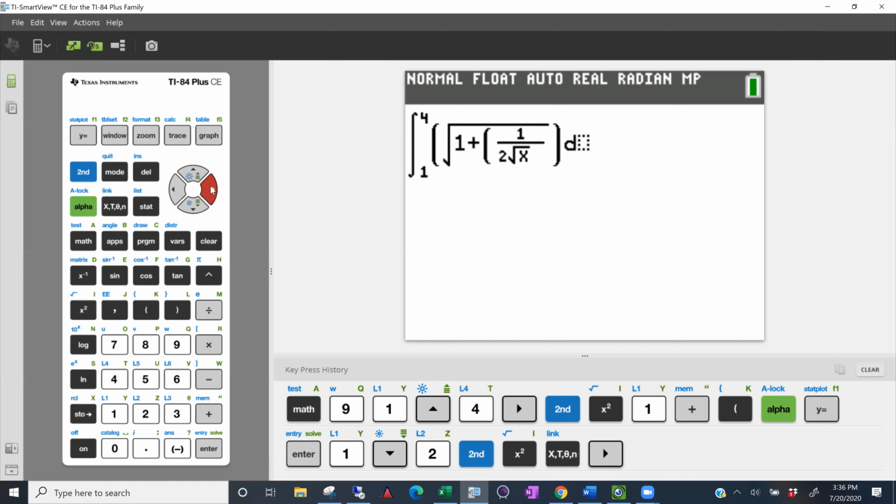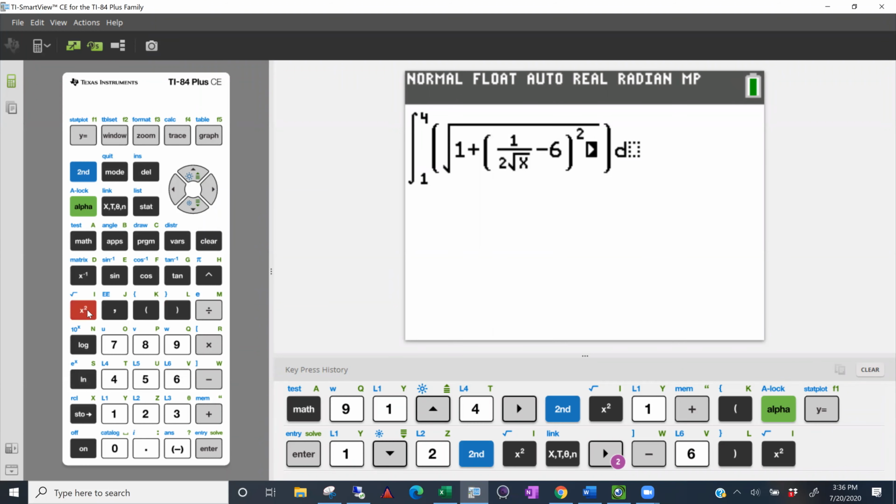And then you've got to exit the square root and then exit the fraction. Minus 6, and then a right parenthesis, and then a square key. And if you're getting a little bit lost, you can see the exact keystrokes that I have down here on the bottom. Those are exactly the buttons you need to push.